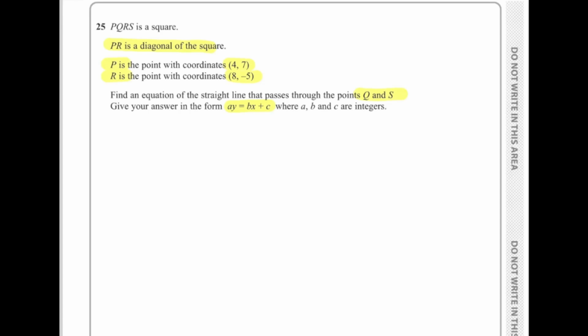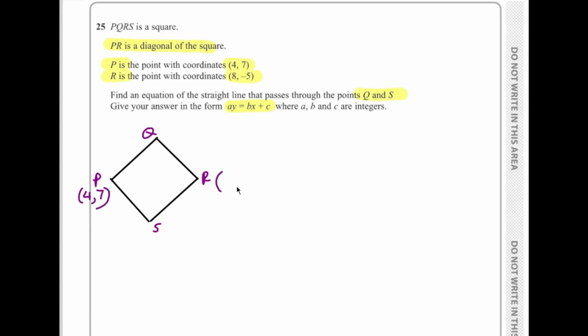PQRS is a square. Let's draw a square. PQRS. And the coordinate of P is given as 4, 7.